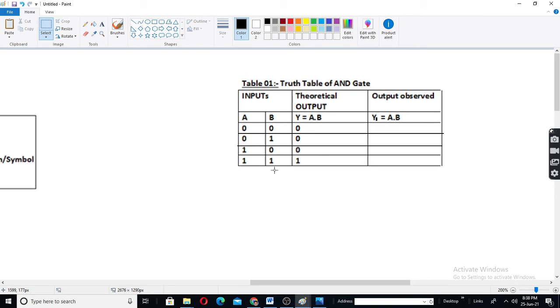For example, say if you want to purchase some goods, you have to give either cash or DD, either cash or check. Say A is the cash input, B is the check input. So output will be high only if both of them are, sorry, not this example.